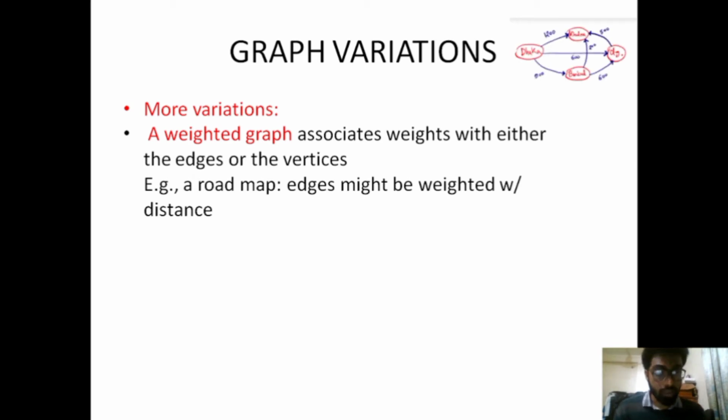That graph has 4 vertices: Dhaka, Khulna, Chittagong, Borishal, and the edges of that graph have some weights, which are Dhaka to Chittagong 600, Dhaka to Borishal 900, Borishal to Chittagong 600, Chittagong to Khulna 500. If we find any weights in a graph, those graphs are known as weighted graphs.